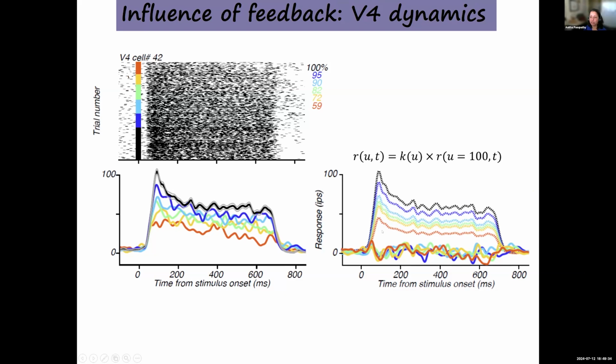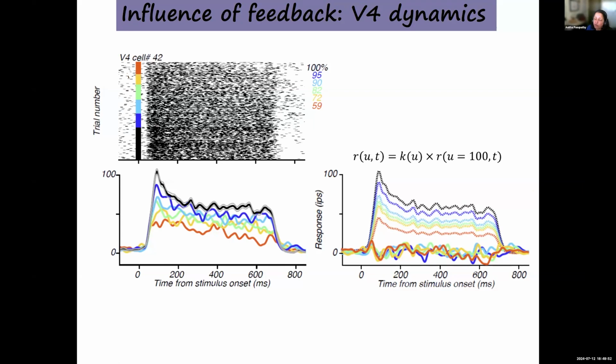So the most parsimonious explanation is that we don't have to invoke any sort of feedback that modifies the response at a later point in time. This was roughly 60% of the neurons that we recorded from in V4.